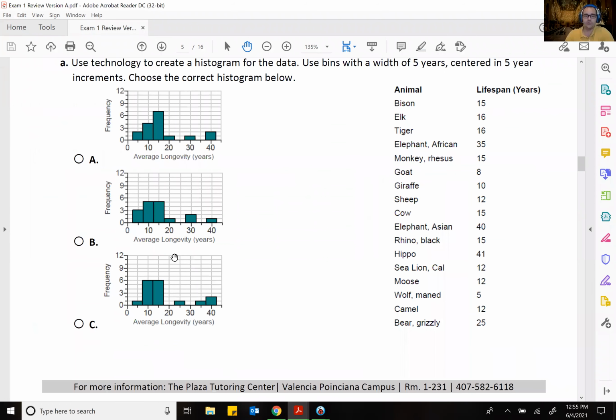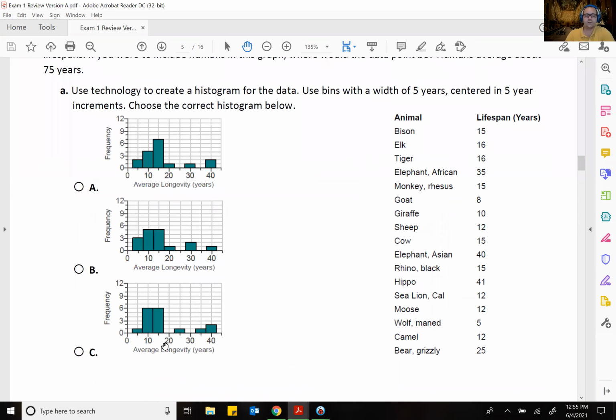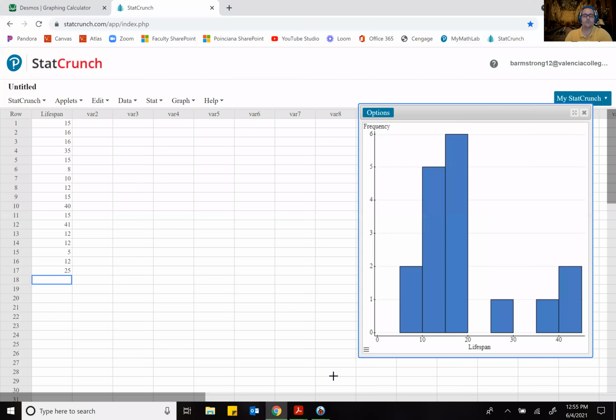So here are 3 of my graphs. Oh, there's only 3 graphs. Which one of these looks like what we had? Going back, from my tallest bar, there should be a skip and a space, a bar, a skip, and then 2, and then 2 bars again with the last one kind of going up again.